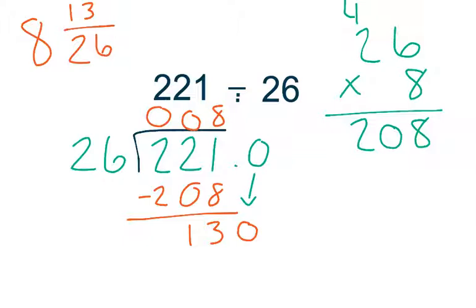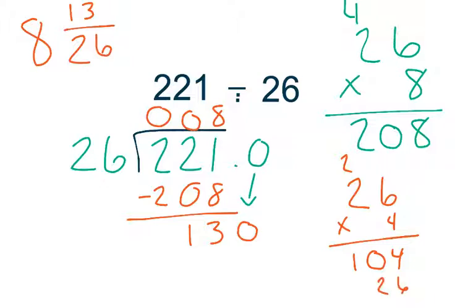I'm going to guess. Let's try 26 multiplied by 4. 4 times 6 is 24. 4 times 2 is 8. 8 plus 2 is 10. That gets me 104, but I'm noticing that if I add on another 26, I will get exactly 130.